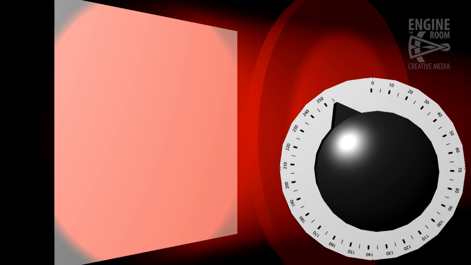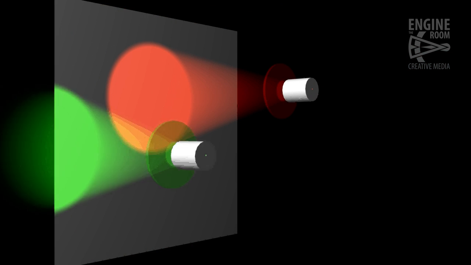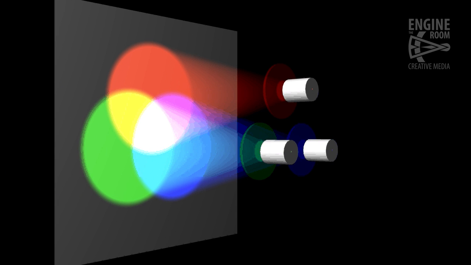Let's see what happens if we add 2 more lamps to this scene, one with a green filter and one with a blue filter. We then have our red, green and blue system. Notice that where the colours overlap, they make a new brighter colour. Red, green and blue are light primary colours, and you can make any colour you want with these 3 colours by combining them in certain ways.